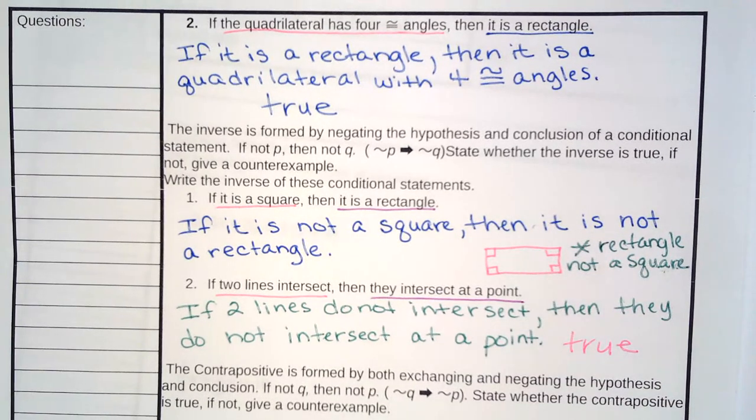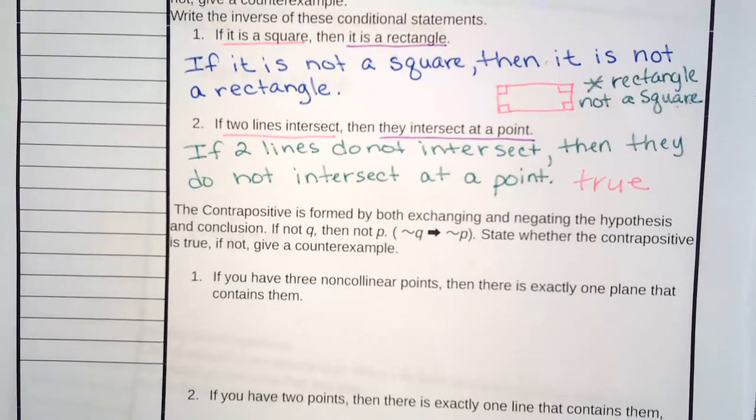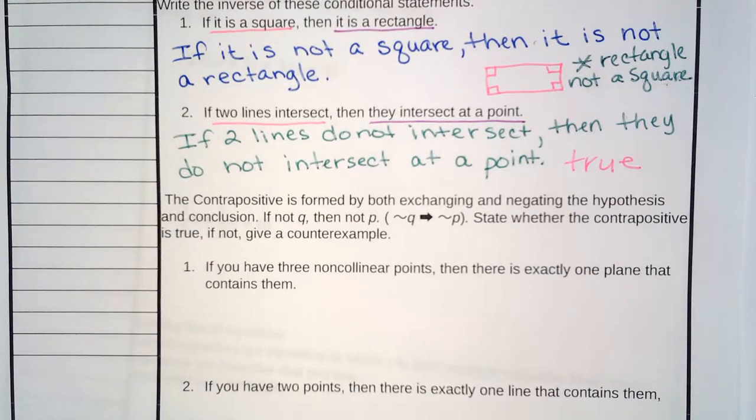Okay, that brings us to the contrapositive. The contrapositive is kind of like when we did the converse where we switched out Q and P, but this time we switch them out and we also negate them. So we're going to switch them out and negate.